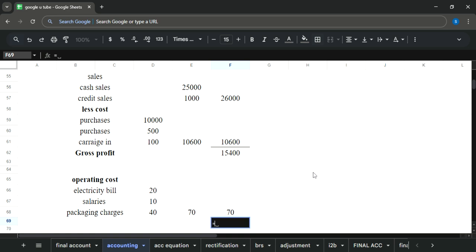How you will calculate? Look, from business you have earned 15,400 and other charges were 70. In this way, the final profit which you have got is $15,330 and you will name it as your net profit.